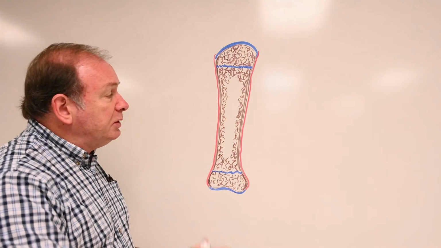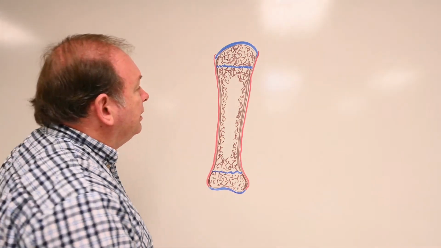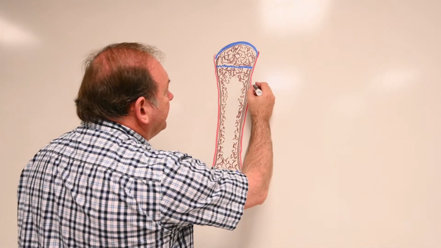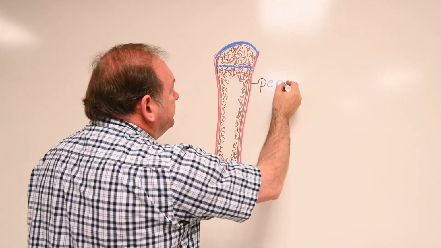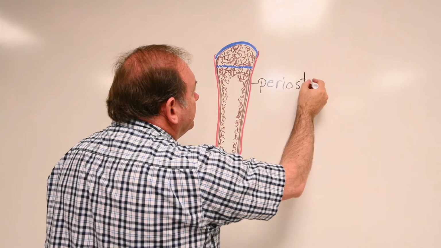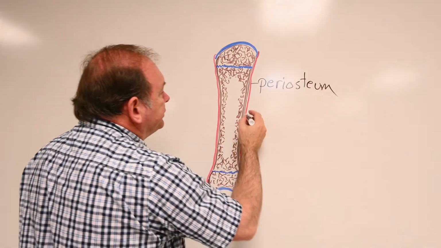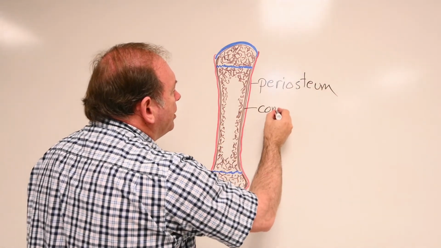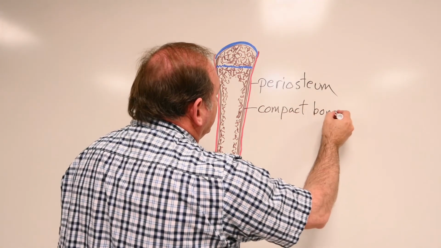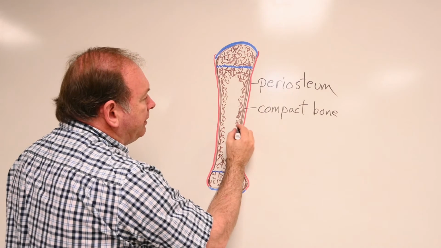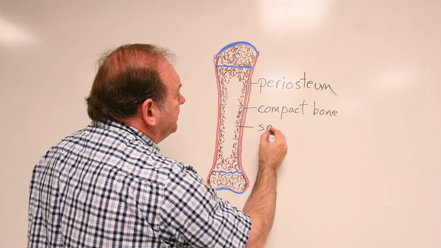The last stage was pretty much this same configuration where we have on the very outside layer right here, what's called a periosteum. Periosteal layer, then we have the compact bone. Solid layer underneath that. Then we have the spongy bone layer.